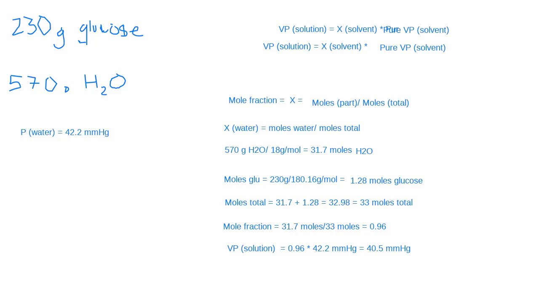So let's say you had benzene and water, and you're trying to look for the vapor pressure of benzene. So you want to find the mole fraction of benzene times the pure vapor pressure of benzene to give you the vapor pressure of benzene in this solution. So to find the vapor pressure of what you're looking for in the solution, you want to find the mole fraction of what it is you're looking for times the pure vapor pressure of what it is you're interested in.